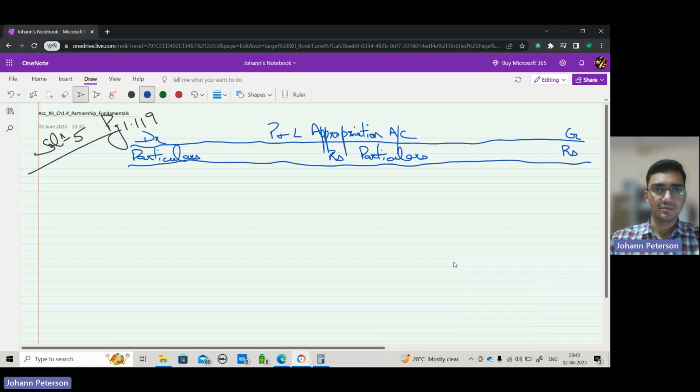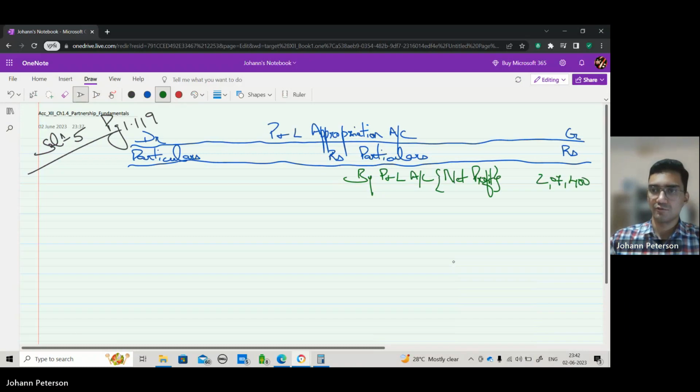Now, the first item which is given to us is an item which is of the credit side, which is called the net profit. So by P and L account, because we get our net profit from a P and L account, and it is given to us as 2,07,400.